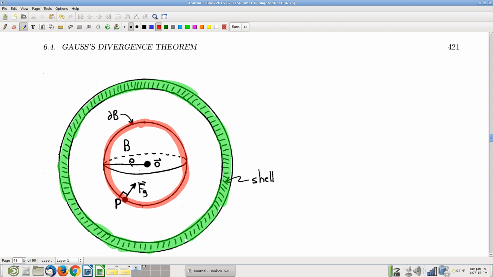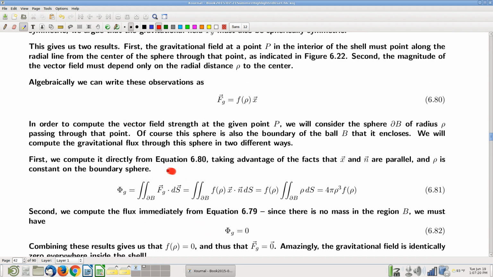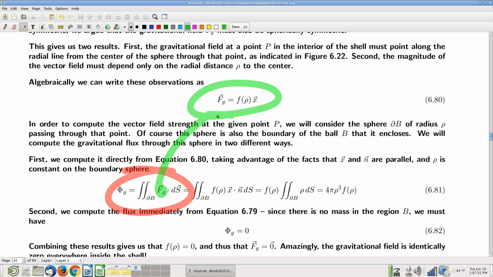Okay, well, here it is. Flux. And that's our formula for flux. But we just got through agreeing that our gravitational field has to be of that form. So we're not just computing a flux of some random gravitational field, we're computing a flux of a gravitational field that has this spherical symmetry to it.